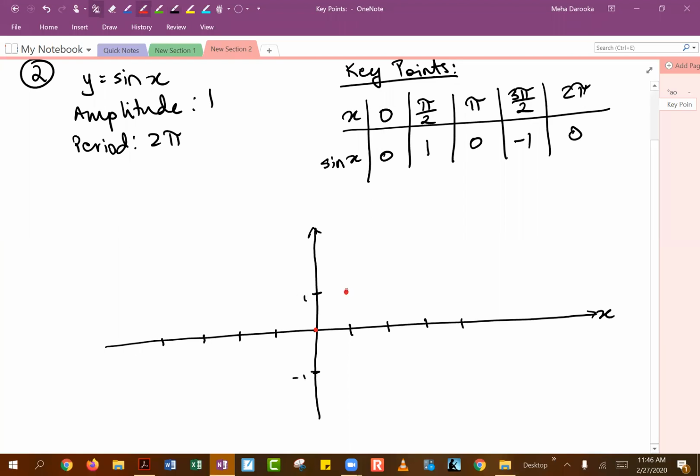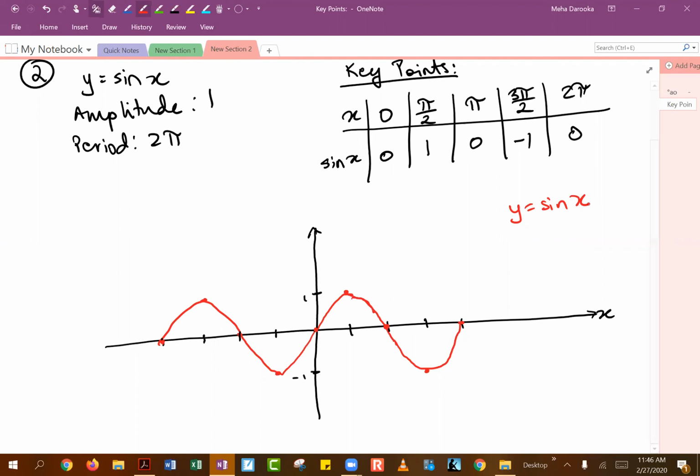So pi halves is 1, pi is 0, 3 pi halves will be negative 1. And let's see, I should be at a minimum here, intercept, maximum, intercept. Okay, so in red we have sine of x.